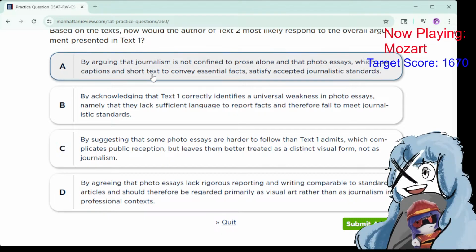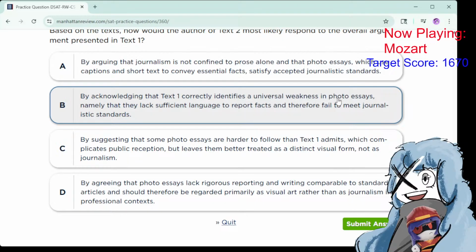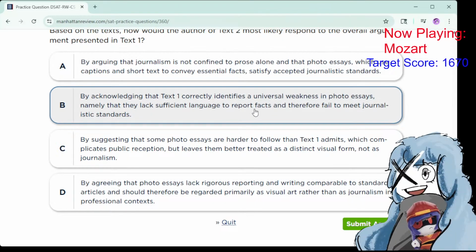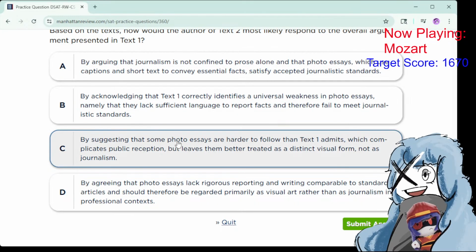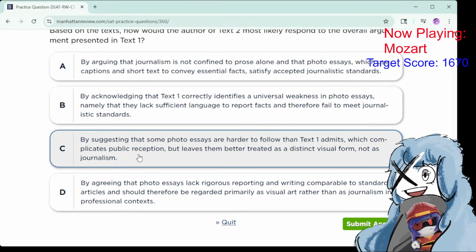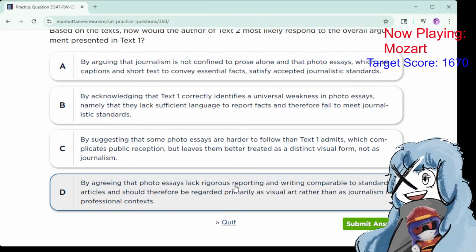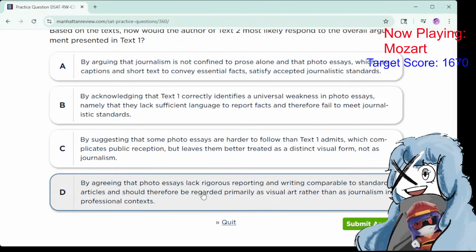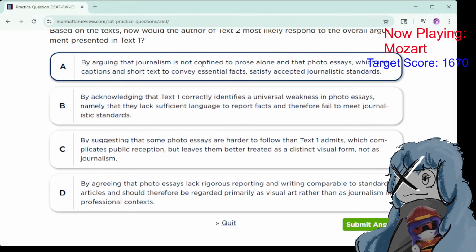Suggesting that some photo essays are harder to follow than text one admits, that's not true. Agreeing that photo essays lack rigorous reporting and should be regarded as pointless visuals, that's not true either.